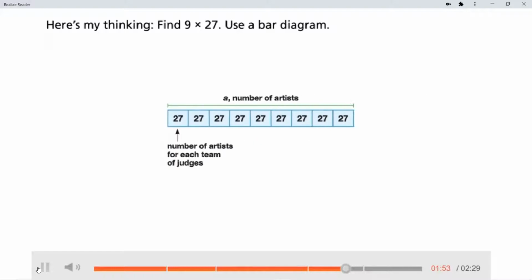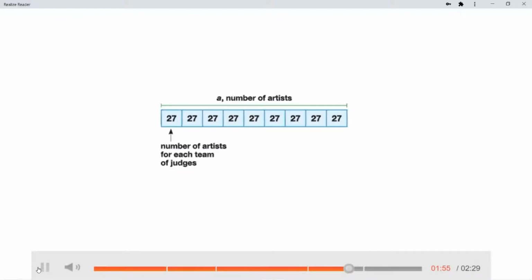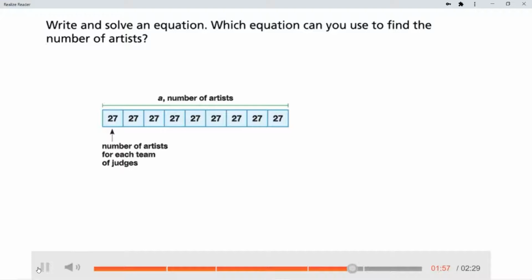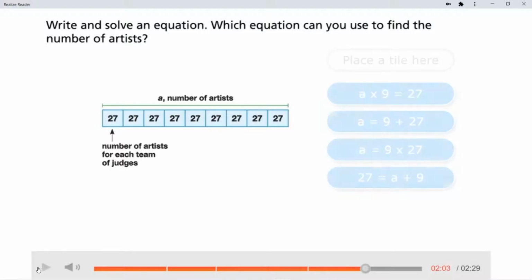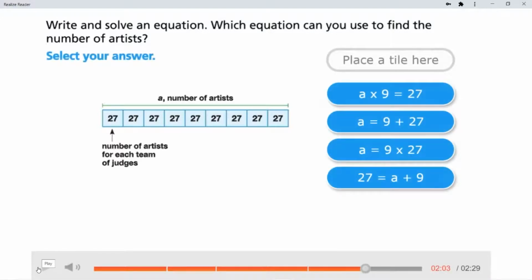Here's my thinking. Find 9 times 27. Use a bar diagram. Write and solve an equation. Which equation can you use to find the number of artists? Select your answer.